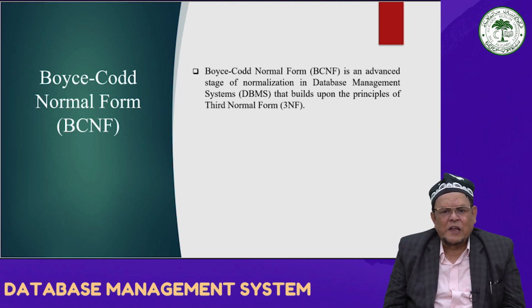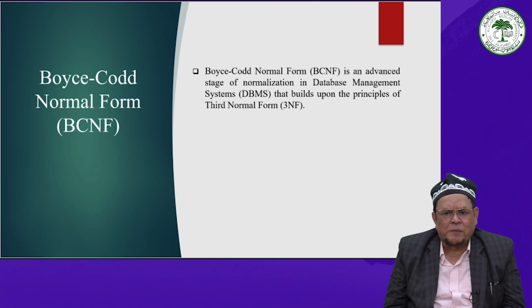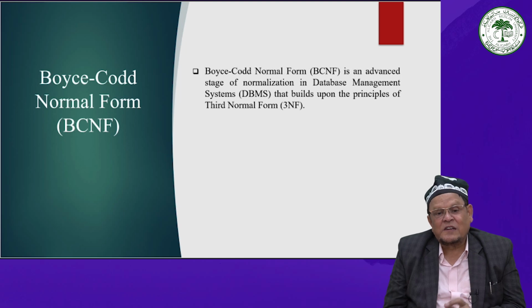Functional dependencies on the candidate key. In BCNF, every non-trivial functional dependency where the dependent attribute is not a subset of the primary key must be a dependency on the candidate key. This means that every determinant, the attribute determining another attribute's value, must be a candidate key.